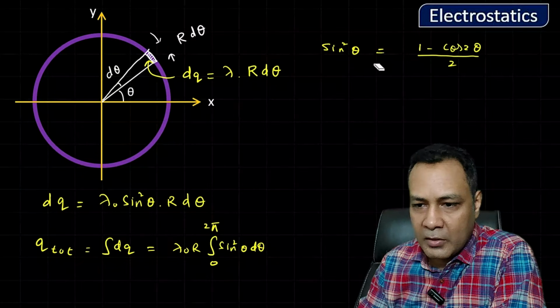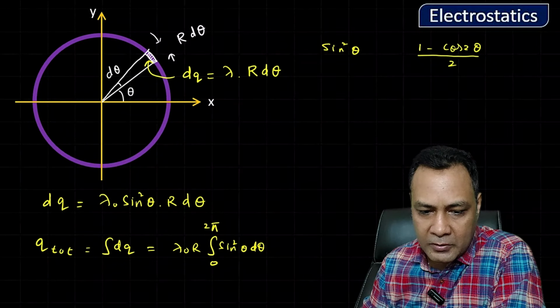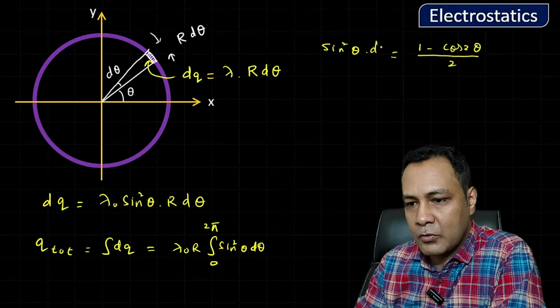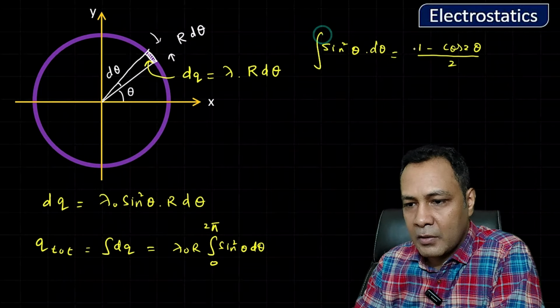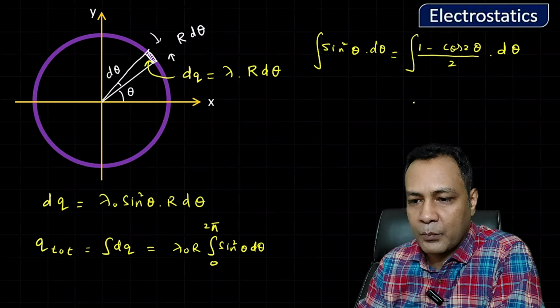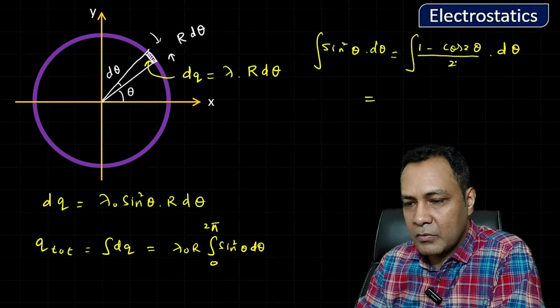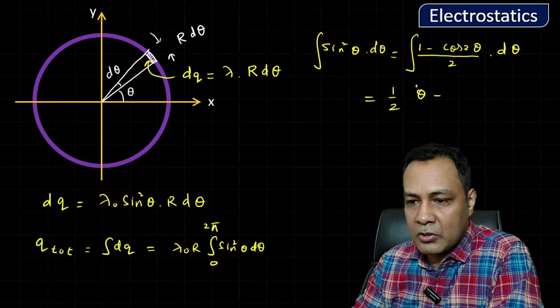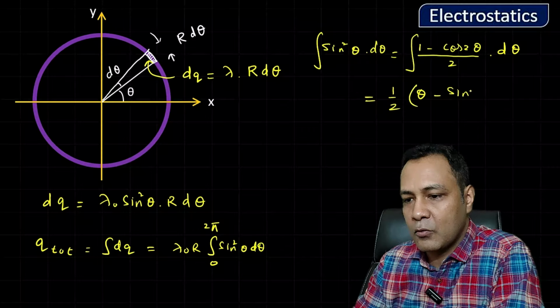So the integration of sine square theta with respect to theta means the integration of 1 minus cos 2 theta with respect to theta. And this 1 by 2 will go outside, and integration of 1 is theta, and integration of cos 2 theta is sine 2 theta by 2.